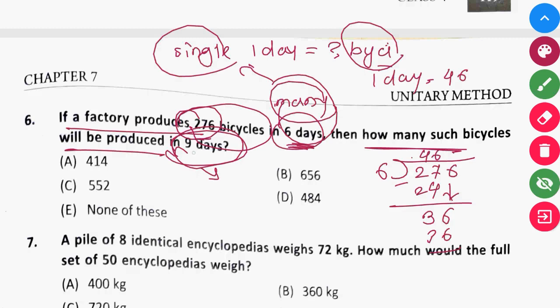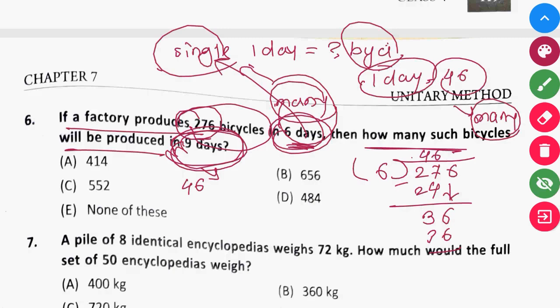Now we have to find the solution for 9 days. So we'll do multiplication here, because we know the single thing, and as I told you, when we know something single and we have to find many, we'll do multiplication. If we know something which is many and we have to find the single, we'll do division.